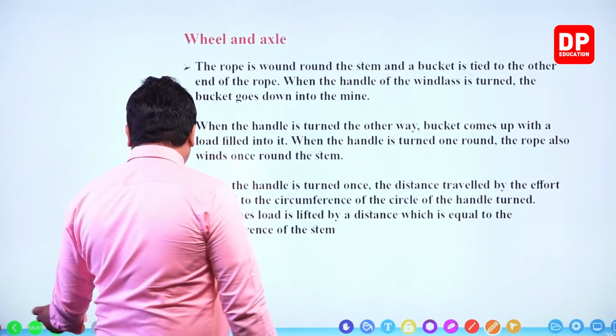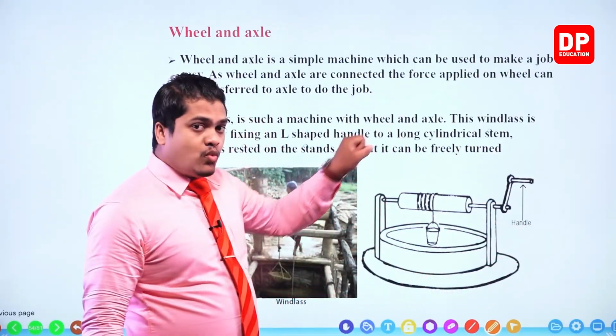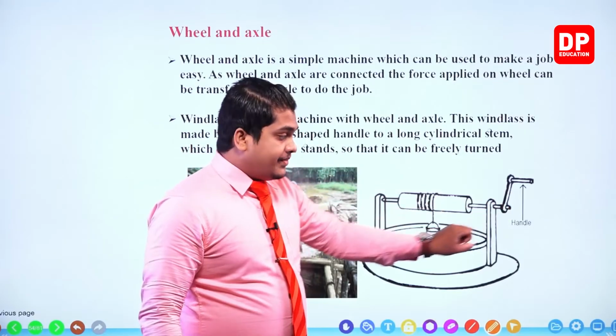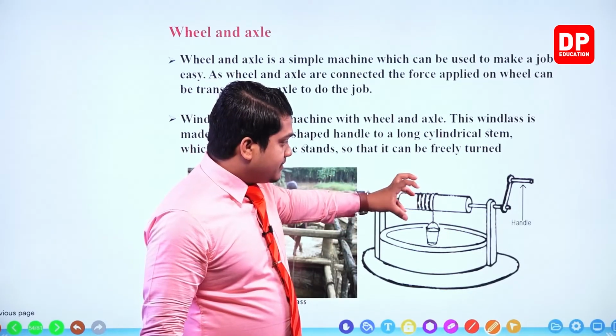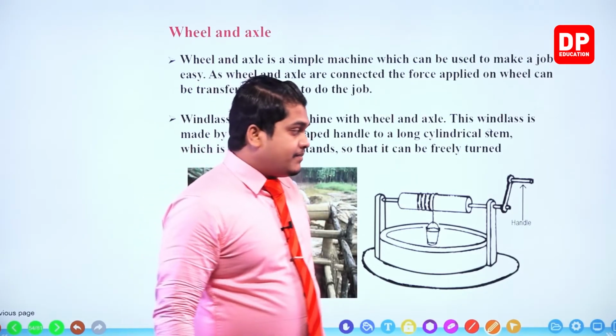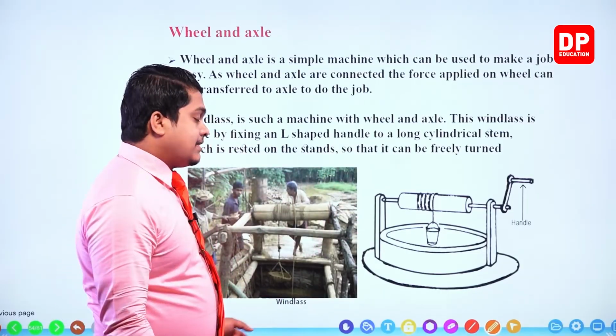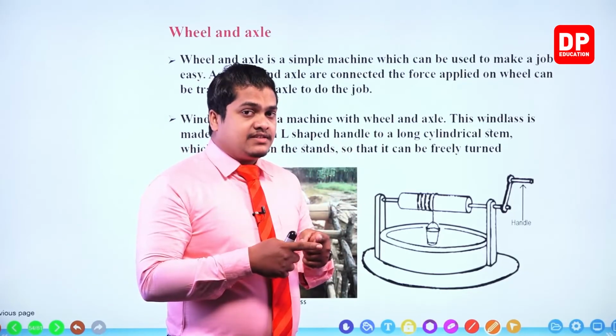It's equal. So when I turn the handle just once, my dear children, this particular thing is going to rotate, no? That means upon the rotation, some circumference is being covered.